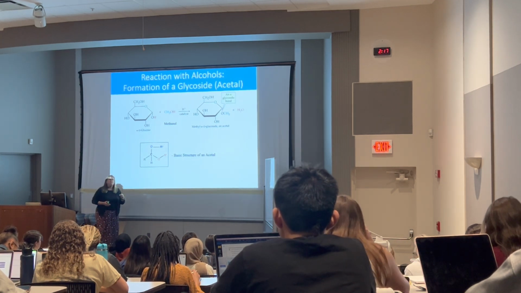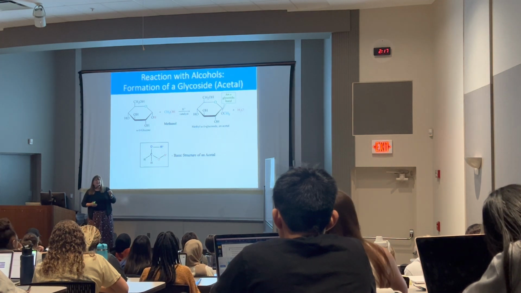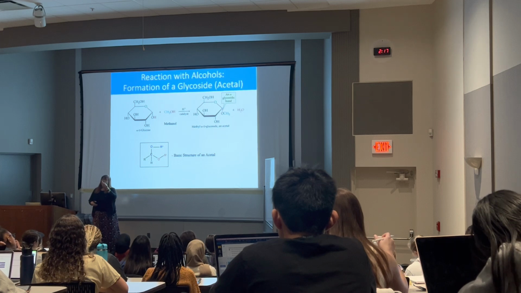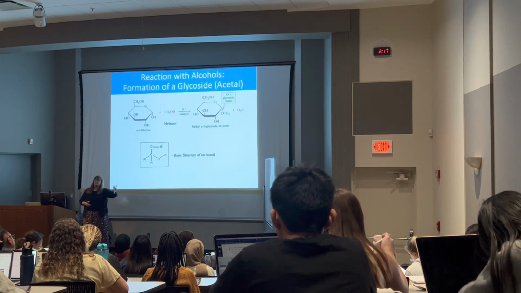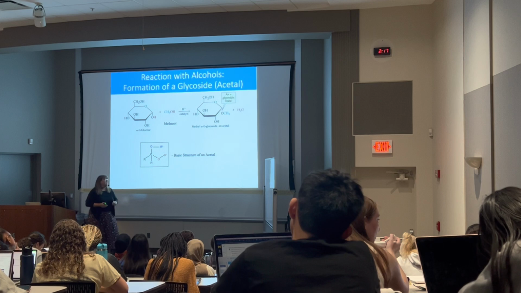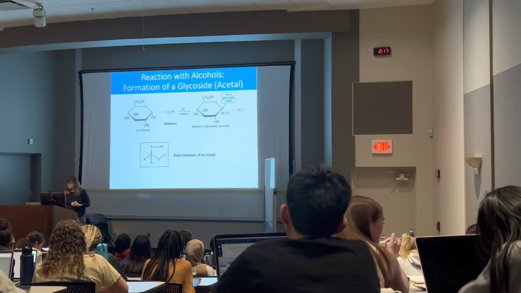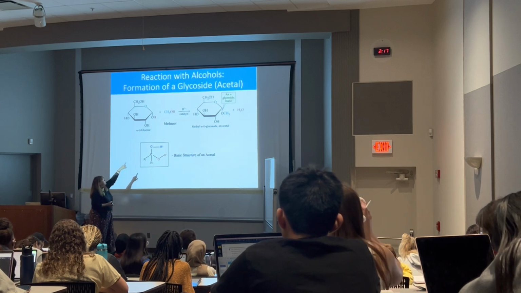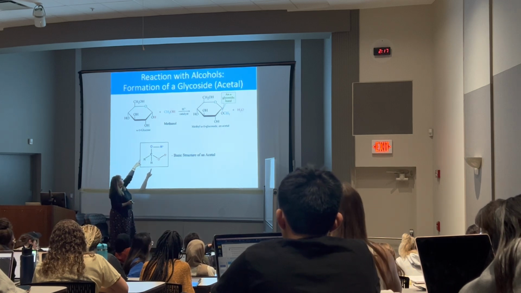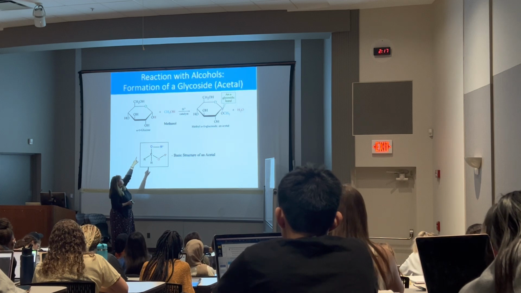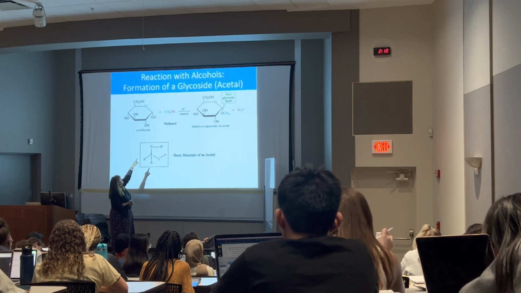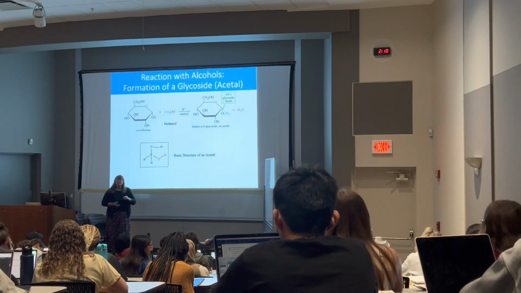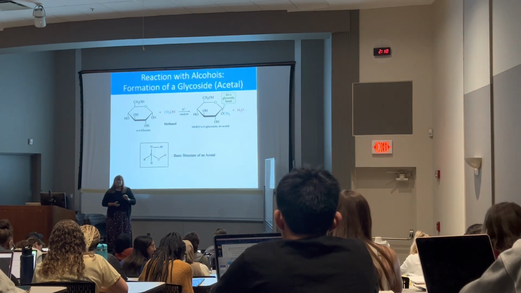That is not to be confused with acetyl. Acetyl means 2 carbons: 1 carbon doubly bonded to oxygen with a methyl group on it. Don't get it confused. If we take glucose and react it with a simple alcohol, methanol, it's just a methyl group with an OH group attached to it, that is going to react with the OH on the anomeric carbon.